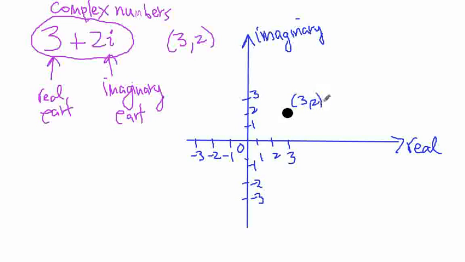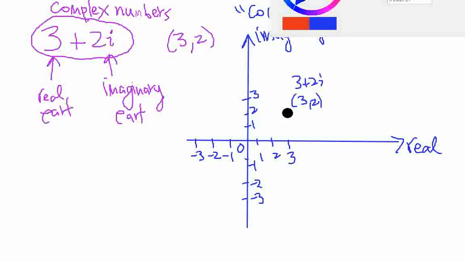So that's 3 comma 2, and that corresponds to 3 plus 2i. Now, you can do this with any complex number. You can put this in what's called the complex plane. That's just a way to give a pictorial representation of all this complex number business.